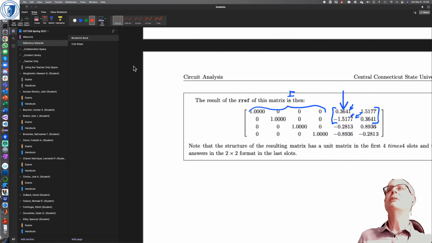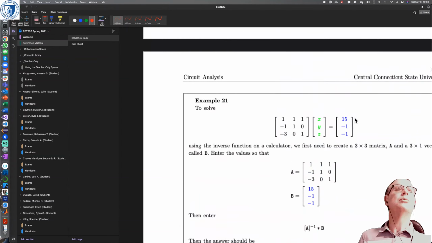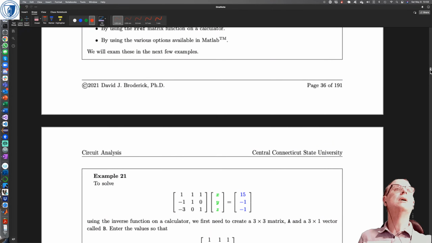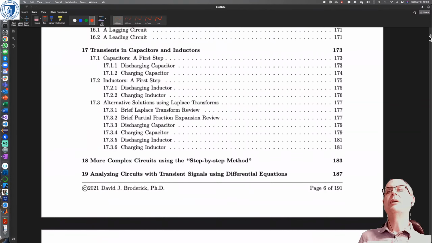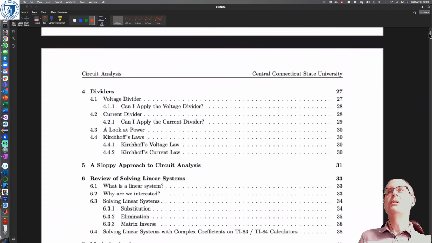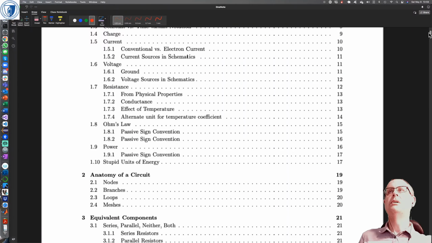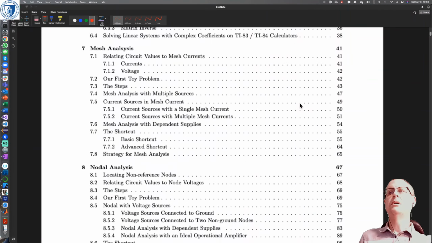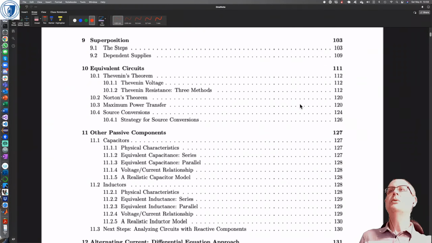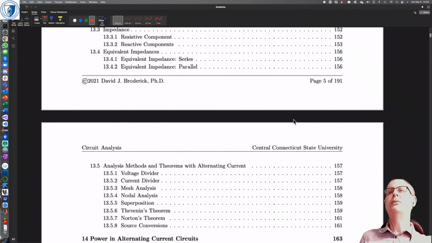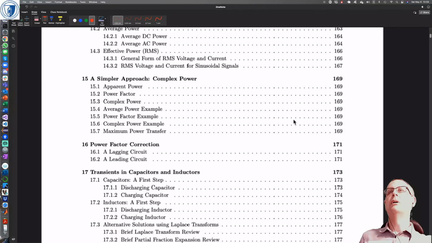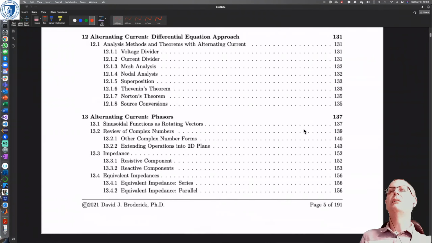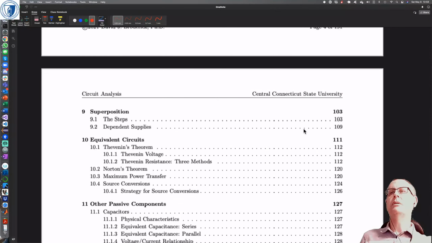So again, let's go to the textbook, or Professor Broderick's notes really. It's not technically the textbook. And I've forgotten which chapter it is. I thought he had a section about complex numbers, complex power, transients.